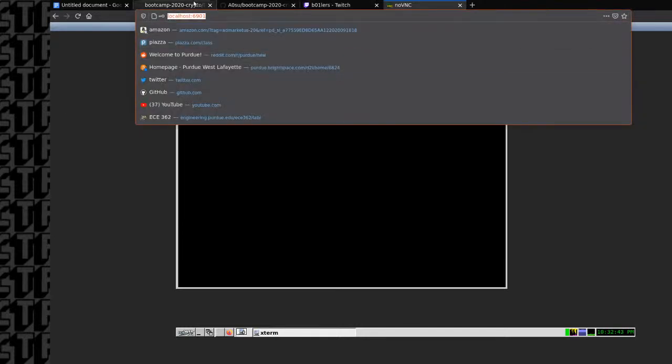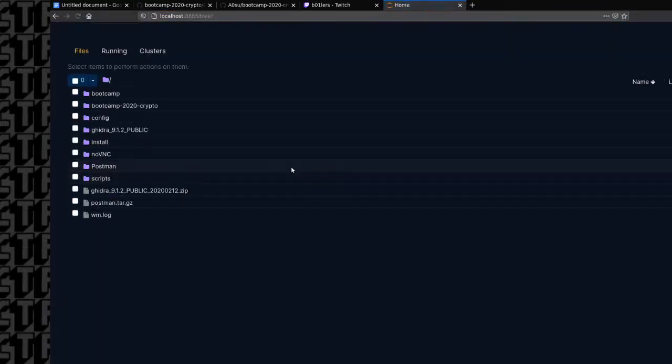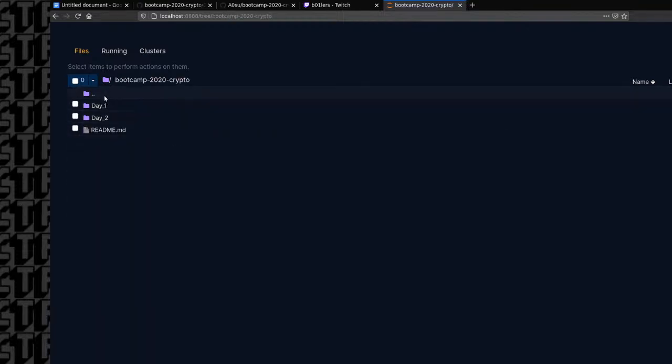And then to access the other tool we'll be using, it's just the same link, just switch it to 4/8, and then you should be able to see it here. Does everyone have that?